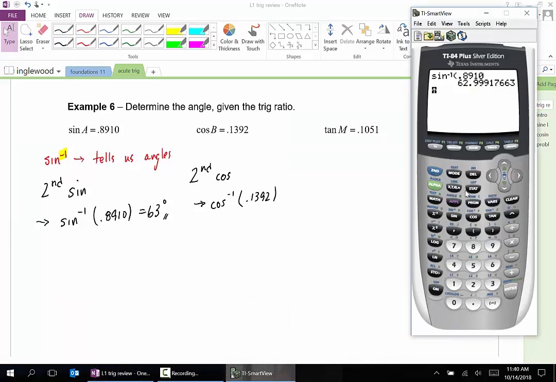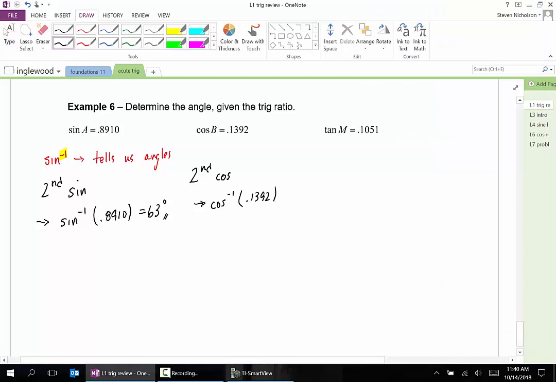The calculator's thinking, okay, the person wants to tell me the ratio of the sides, and I'm going to say that angle is 82 degrees. So in this one, that angle is 82 degrees.